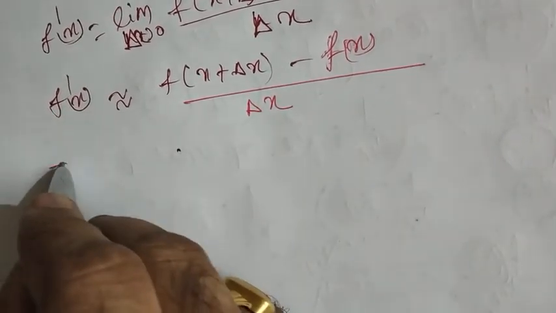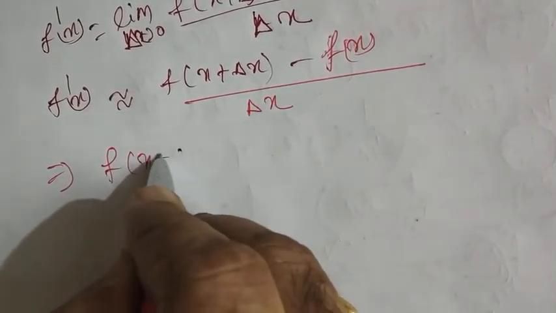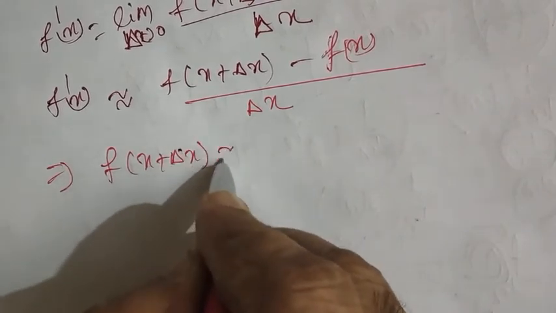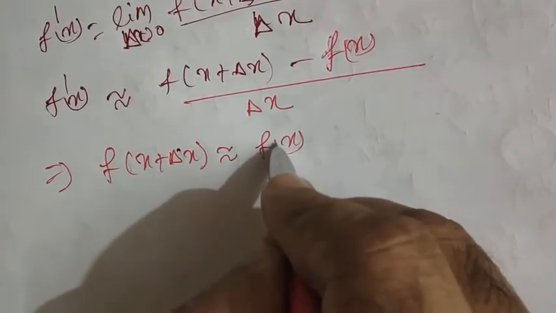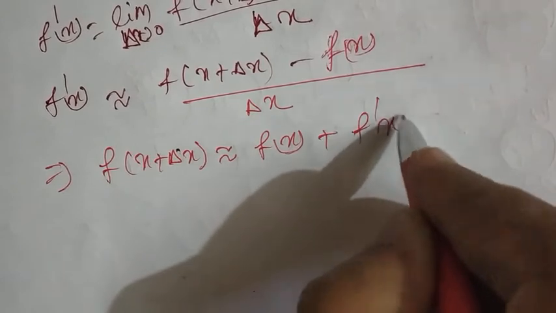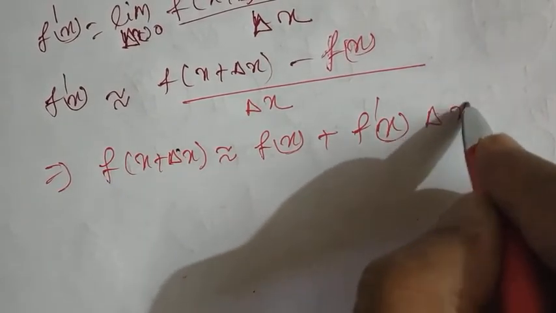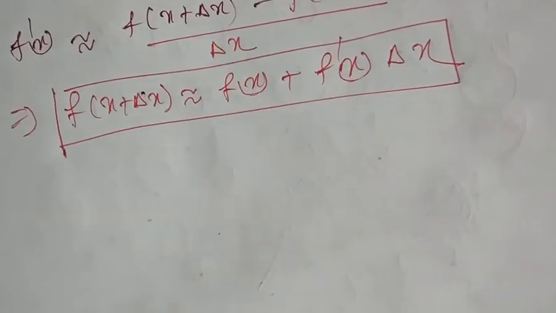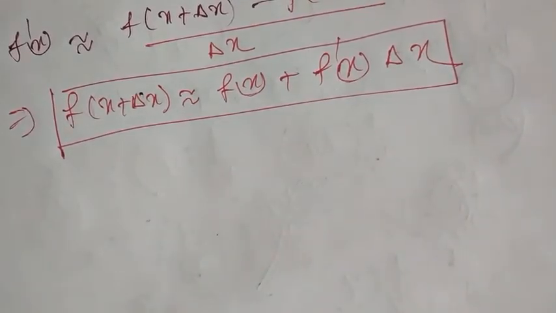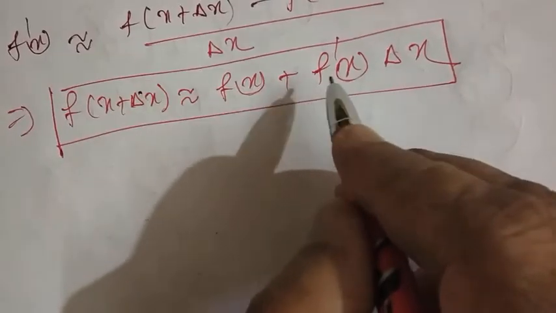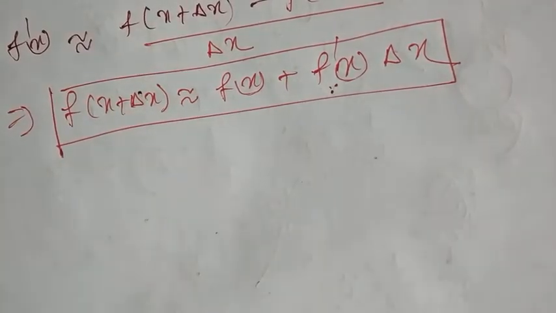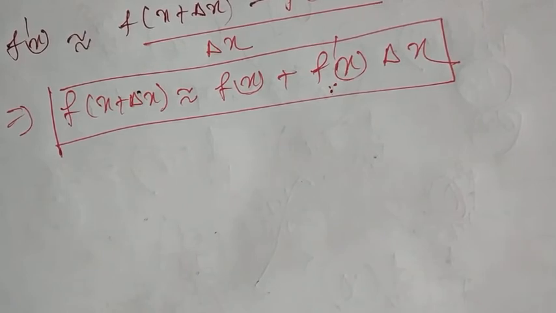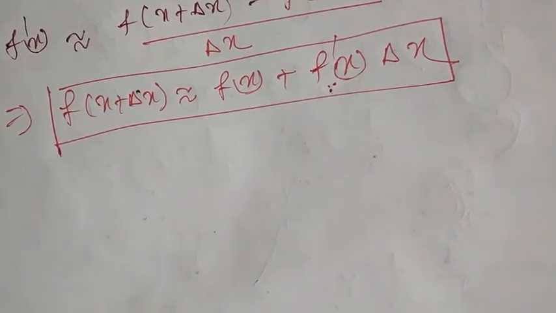So what I got: f of x plus delta x is approximately equal to f x plus f dash x delta x. This gives me the idea how to approximate a function using a linear function, a locally linear function. Therefore we call this linear approximation.